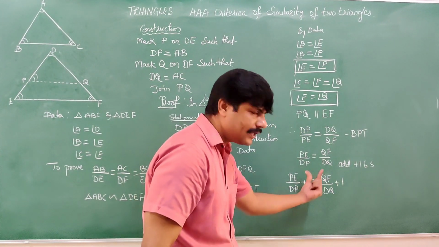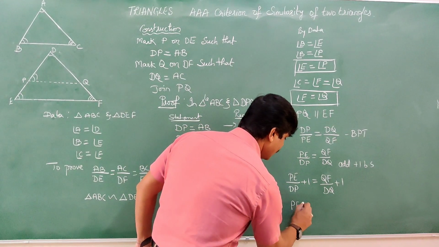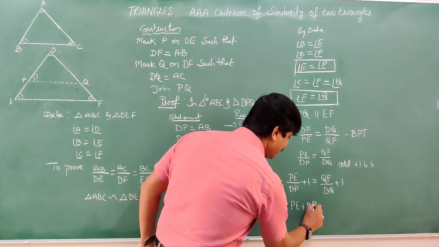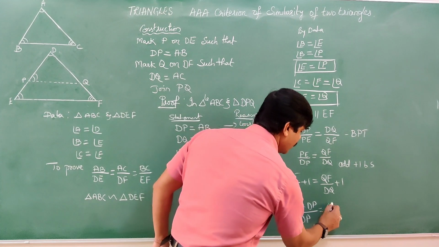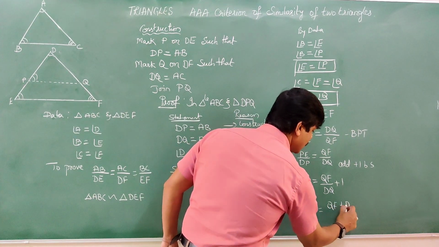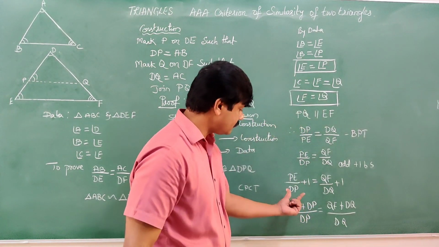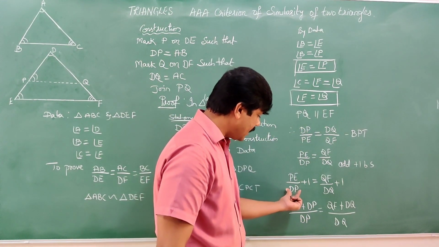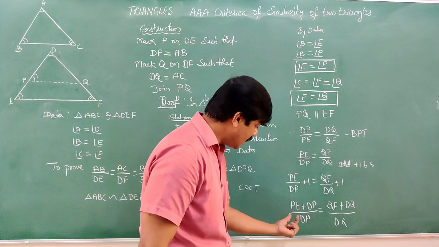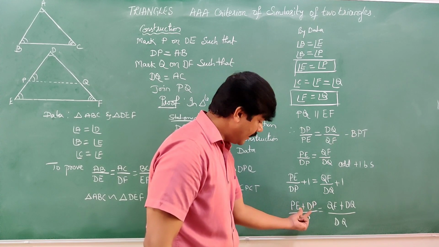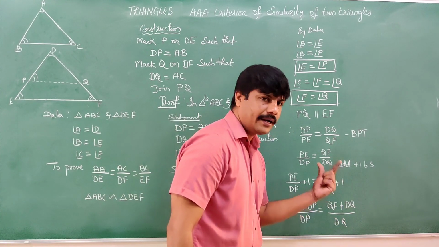Then after taking the LCM, you will get PE plus DP by DP is equal to QF plus DQ by DQ.